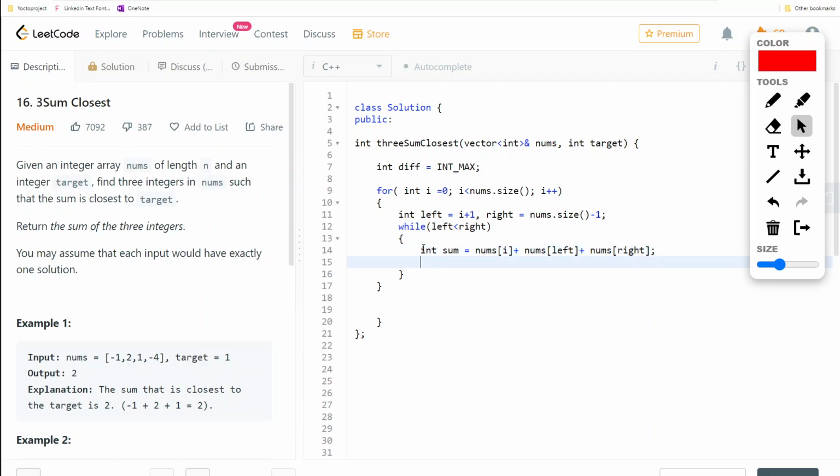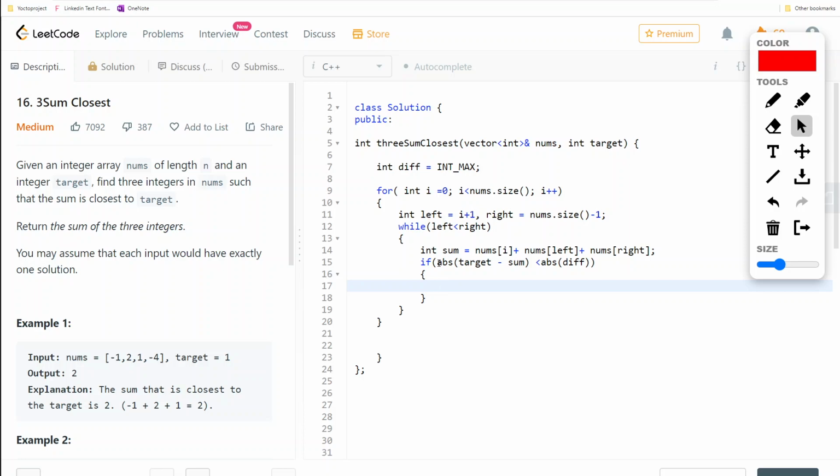Okay. Now we have taken our sum. Now comes the part that we are required to compare our target minus sum. This is comparing absolute values, because the difference could be negative as well. So that's why we are taking it like this.